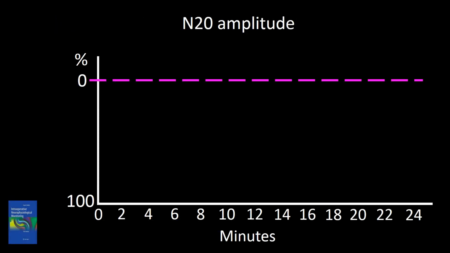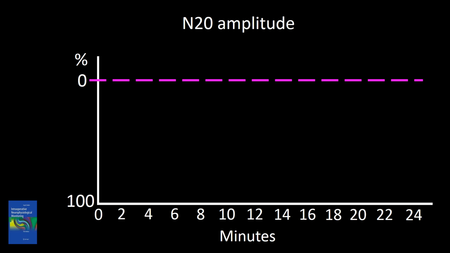When the middle cerebral artery territory in the brain is rendered ischemic by a surgical procedure, the likelihood of brain damage can be foreseen by taking into account the speed of N20 disappearance and the duration of this disappearance. This chart relates the amplitude of N20 in percent and times in minutes. So N20 amplitude is a good marker for brain circulation in the middle cerebral artery territory.